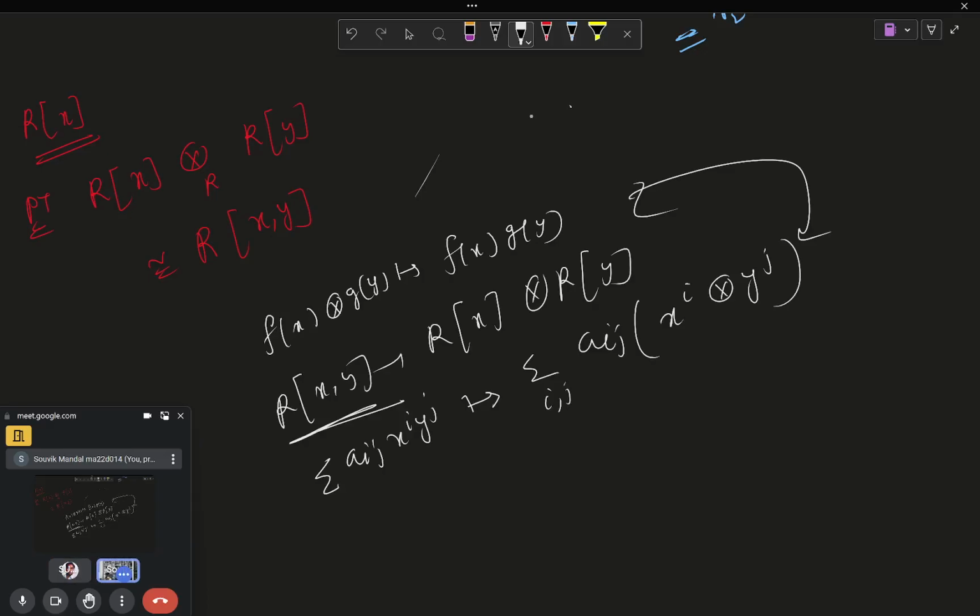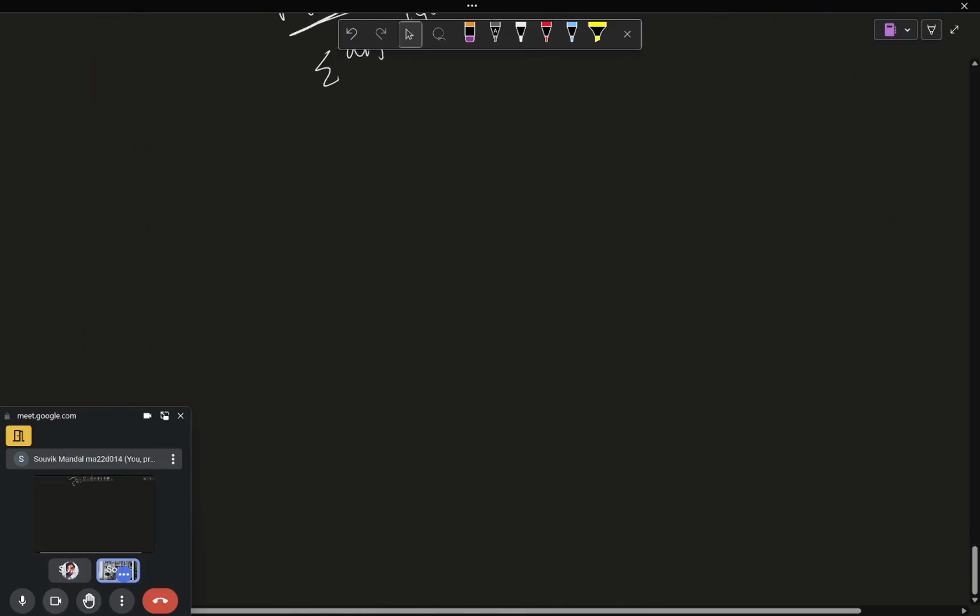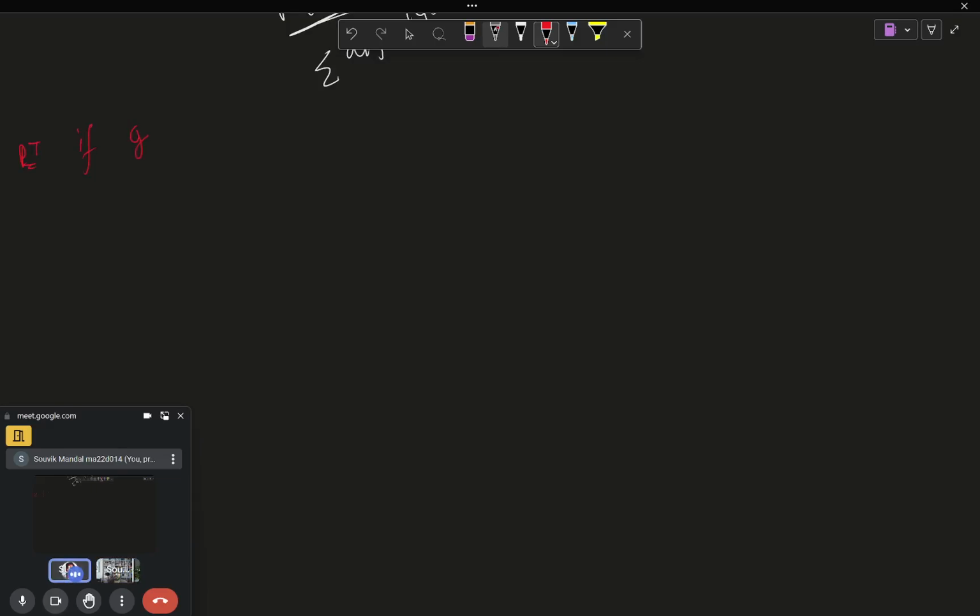Okay, now tell me one thing. If GCD(m, n) is equal to 1, then Z/mZ tensor Z/nZ is equal to 0.